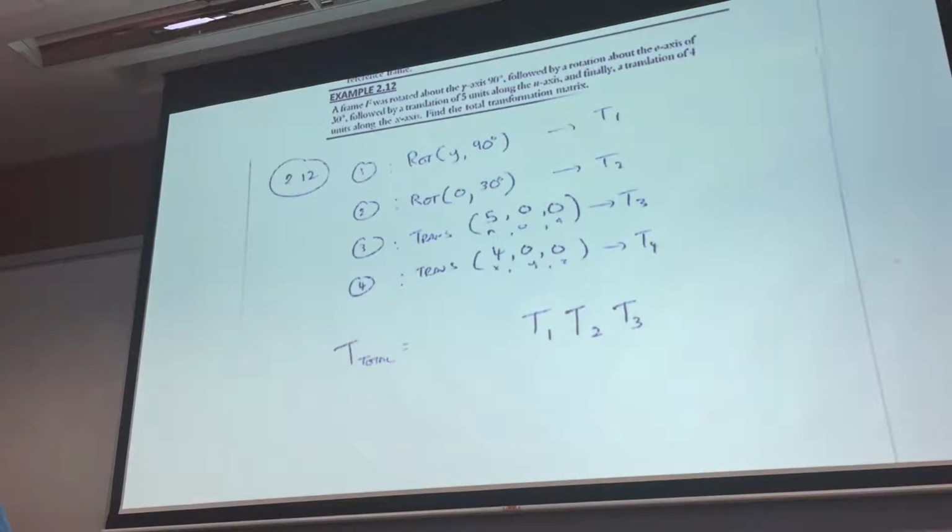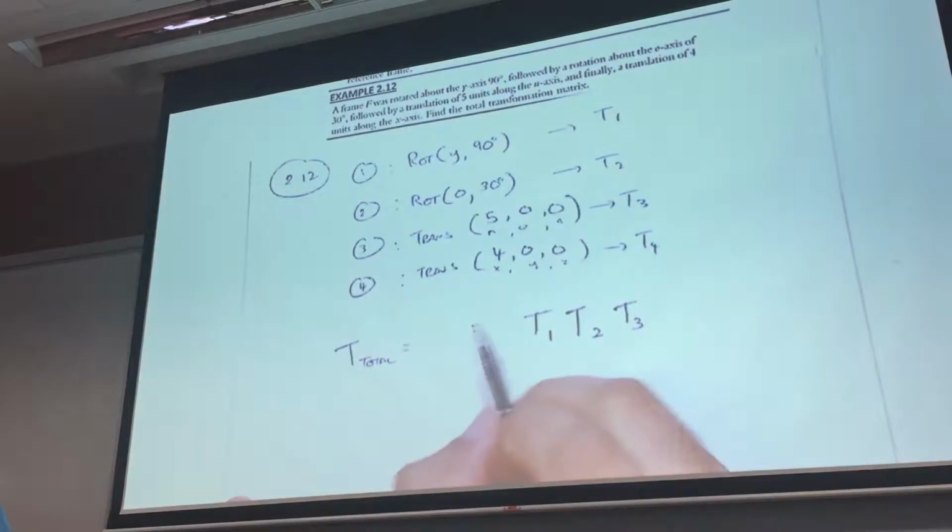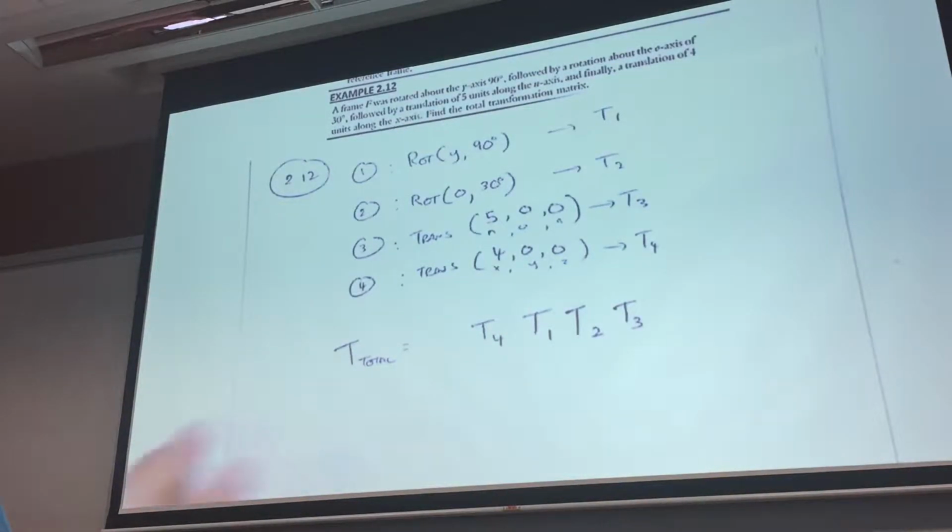Then the last step, I will do a translation by 4 units along x-axis. X-axis is fixed, so pre-multiply. Okay, this is the sequence we should do systematically. Okay, you multiply them together, you'll get some answer. Clear?